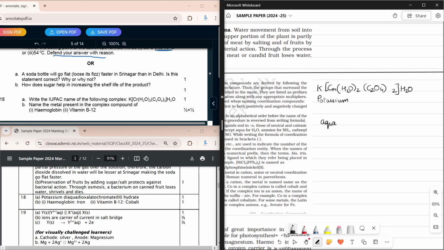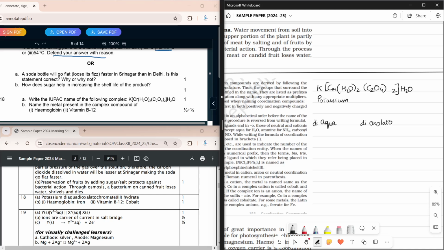And then you have C2O4, which is the oxalato. And you have two of them, so we are going to have to include the word di. Now, you have oxalato for this, and this is going to be in alphabetical order, because water is aqua, this obviously is going to come first.